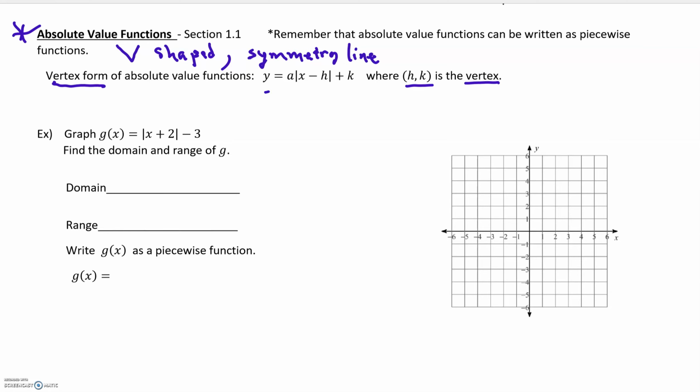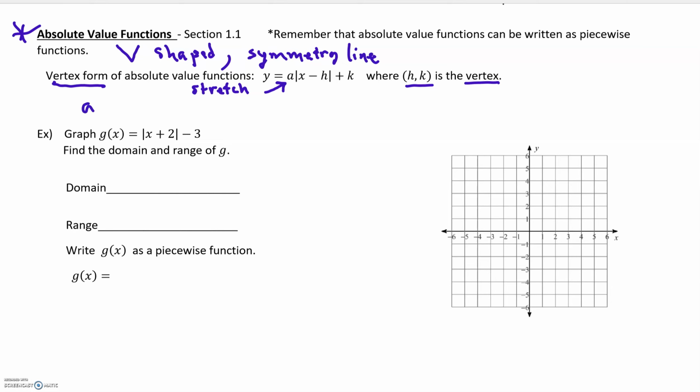We're going to talk about what these pieces of the vertex form of the equation do. So the a, if a is bigger than 1, there's going to be a vertical stretch. If a is less than -1, there's going to be a reflection and a vertical stretch.